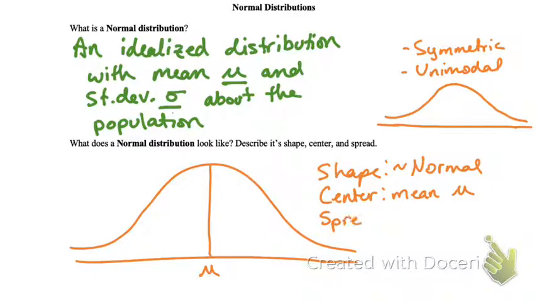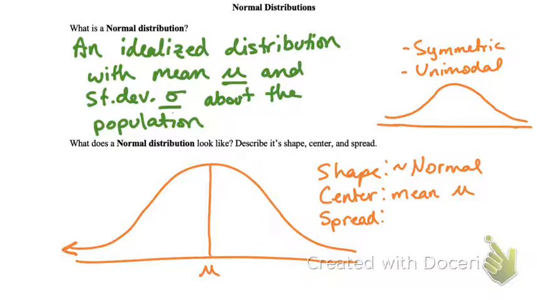Spread. What's the lowest number of this distribution? You said like 0? So the mean of a normal distribution can be anywhere. So where's the lowest number? The minimum. Anywhere but probably 0. So this actually goes on forever.